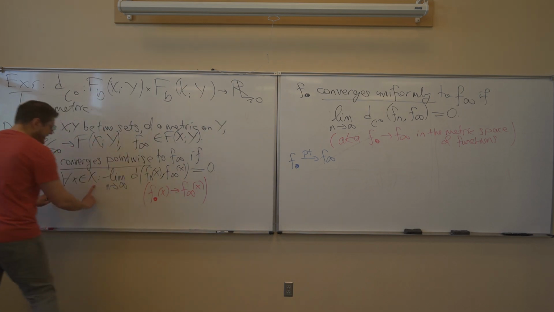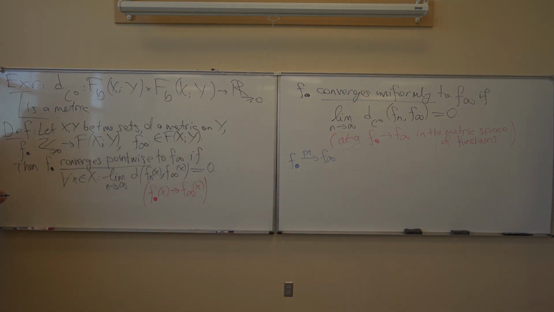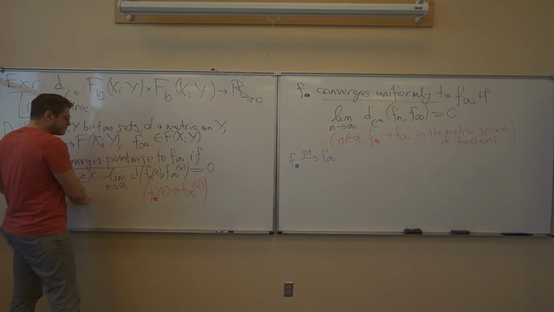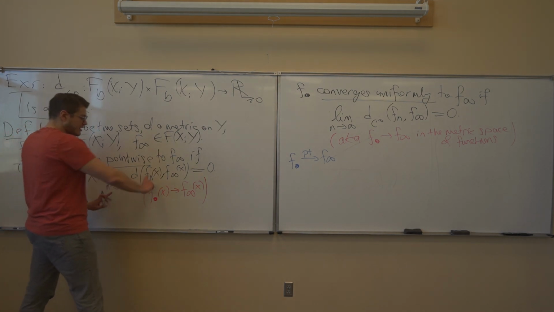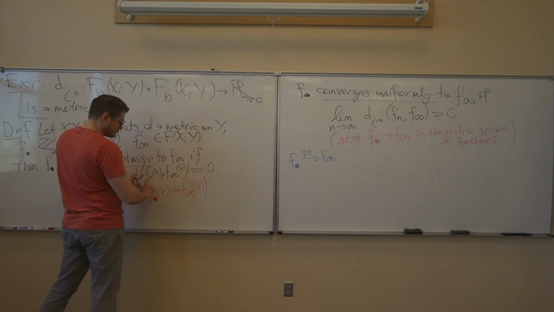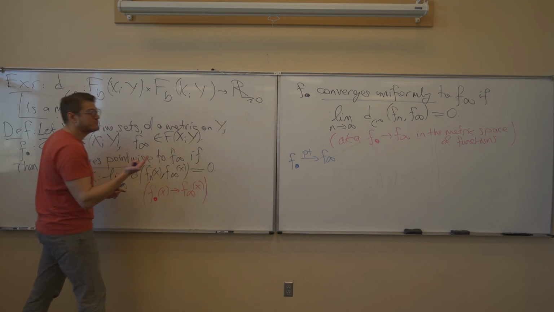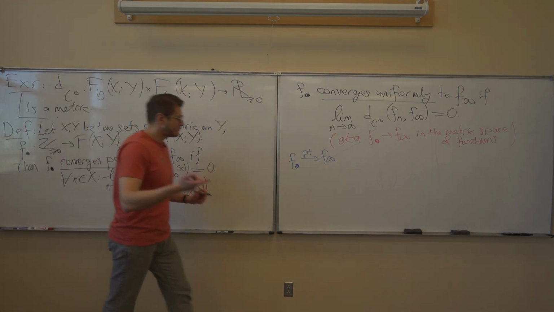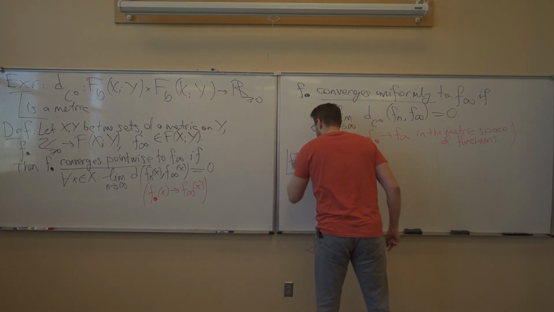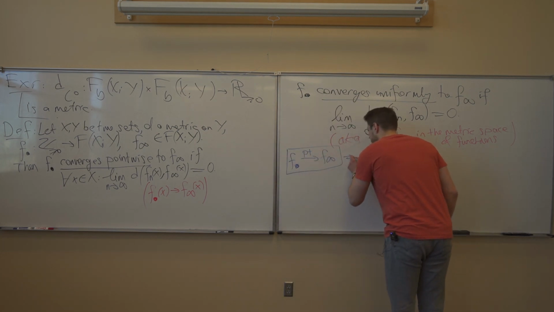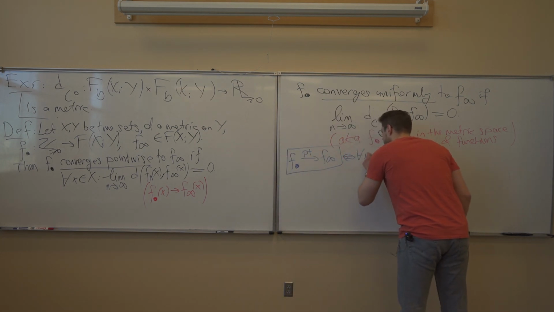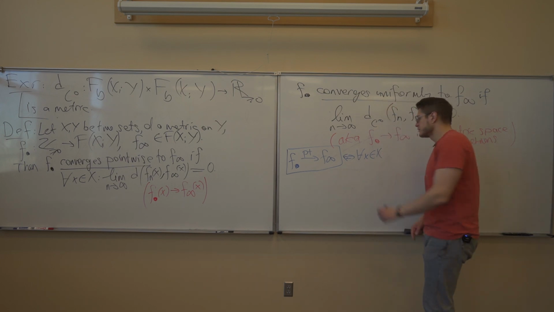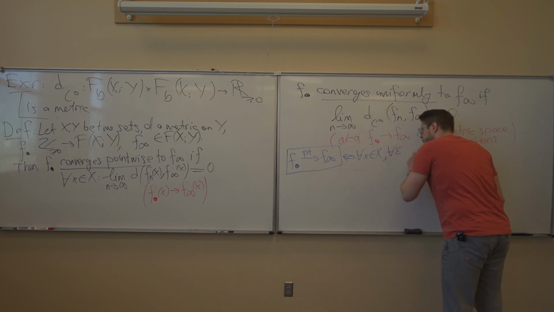I cannot change the order of the logical quantifiers, but I can start opening up because I know what it means for any x in X, what the limit of this expression being 0 means. For any epsilon, there's a capital N such that after that capital N, blah, blah, blah. But I start with taking a lowercase x, then taking an epsilon.